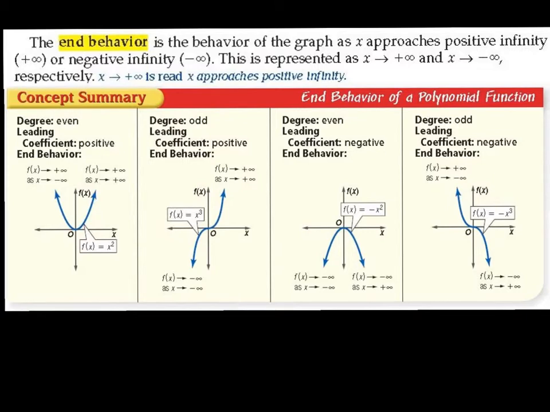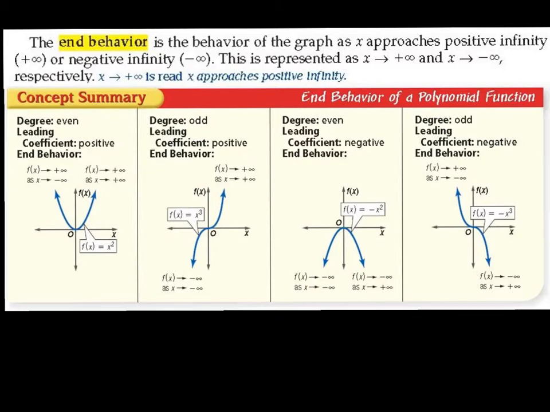So on an even degree function, as x approaches positive infinity, f of x approaches positive infinity, and f of x approaches positive infinity as x approaches negative infinity. Same thing here, even, so as x approaches negative infinity, f of x approaches negative infinity, and f of x approaches negative infinity as x approaches positive infinity.